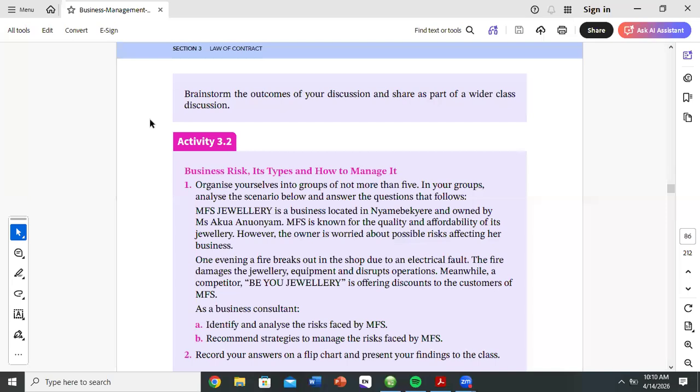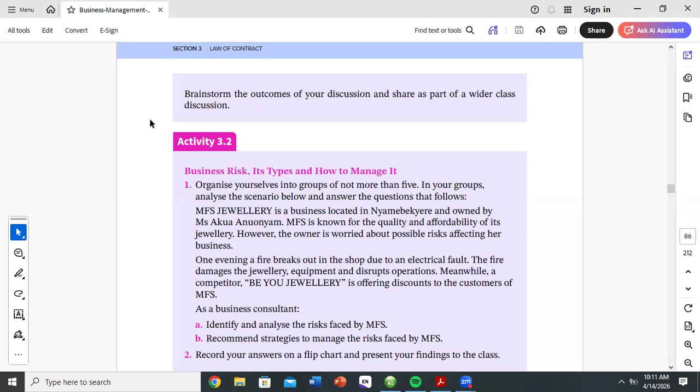Because he has competitors, he has that market risk where, in fact, not probably, all his customers are now shifting to a different store. Okay, so all that you mentioned was correct. I just needed you to add on the market risk to better explain the competition that BU Jewel is giving MFS as well, right? So I hope you would be able to explain the point as you have been able to identify.